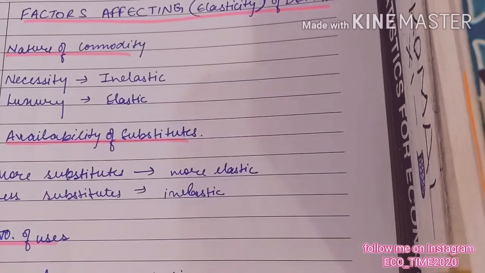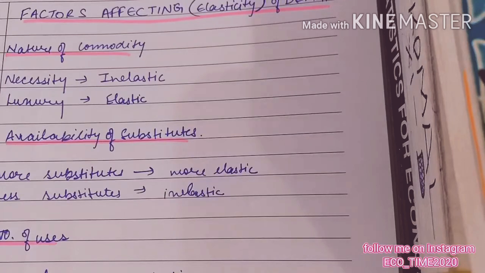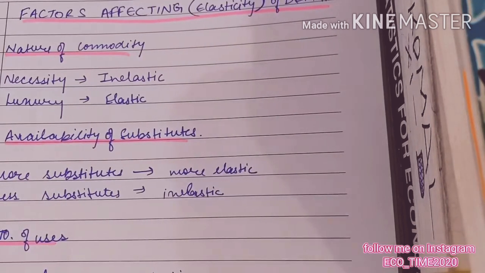Whether its prices go up or down, he will have to buy the medicine. It is a necessity for him. So, will he be inelastic in buying the medicine? Can he think that if the prices will go down, then only I will buy the medicine? No, he will have to buy the medicine. So, the necessary goods are inelastic.